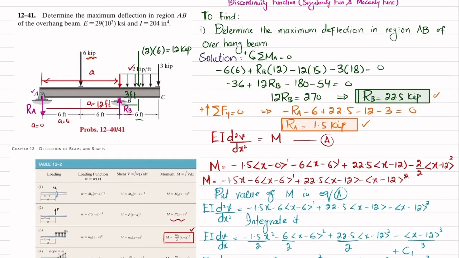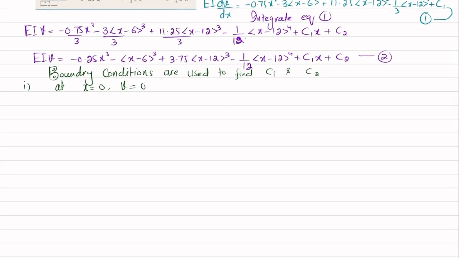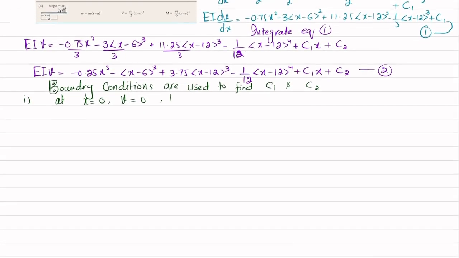Let me show you over here. Here x is equal to 0, and we have deflection equal to 0 because there is a pin support. So put it in equation number 2. You will get this term as 0.